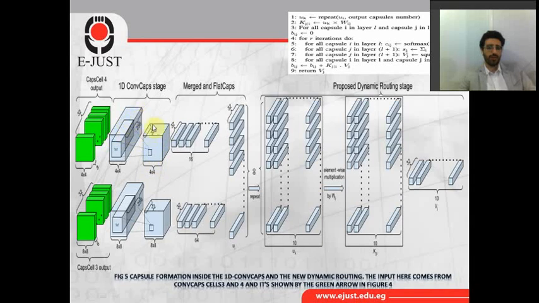So these 32 features, these are not 32 features, these are 32 relationships between the features.